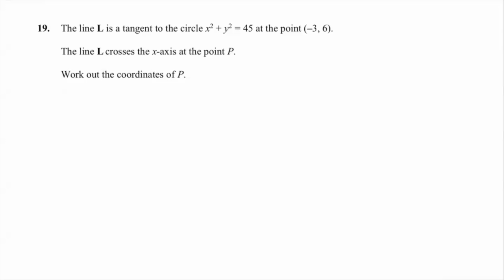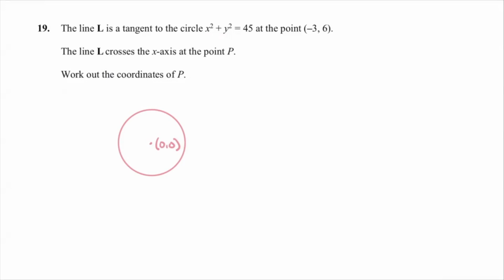So this is the circle equation where the center of the circle is at the origin. So the first thing that I'm going to do is draw my circle. And I know that that center point there is the origin. So I'm going to mark that on. The line that is tangent is -3, 6.